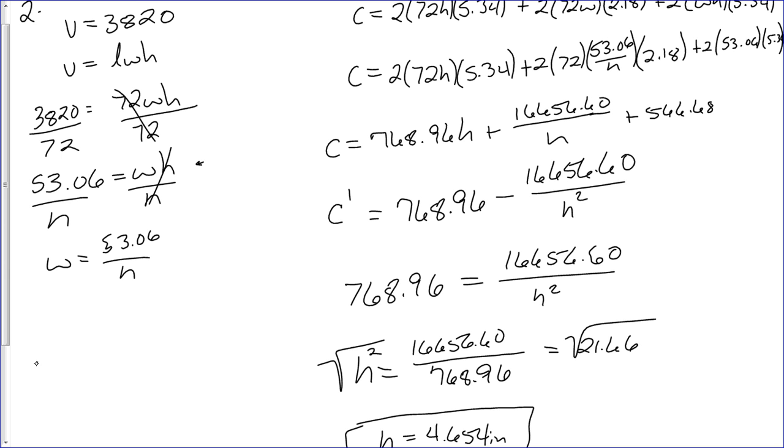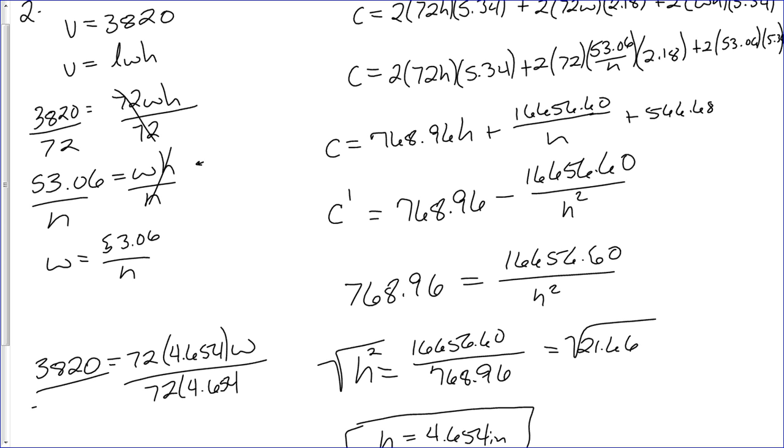So 3820 equals 72 times 4.654 times W. Divide both sides by 72 times 4.654.